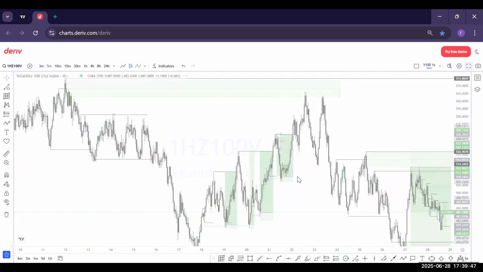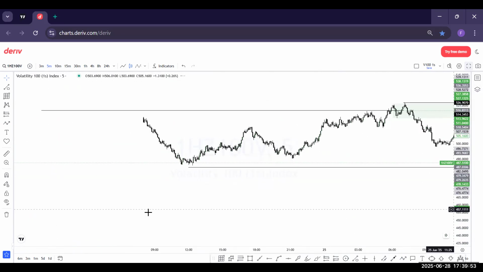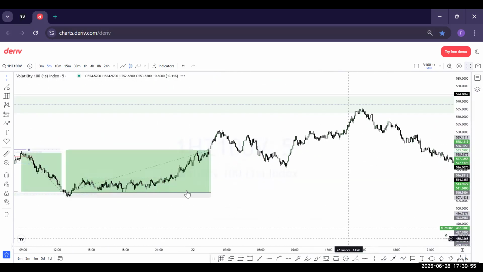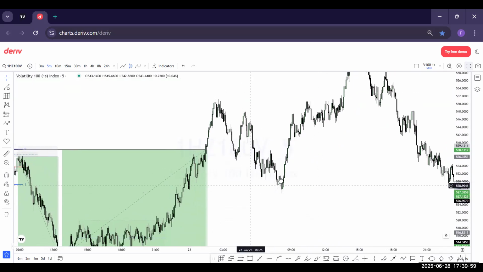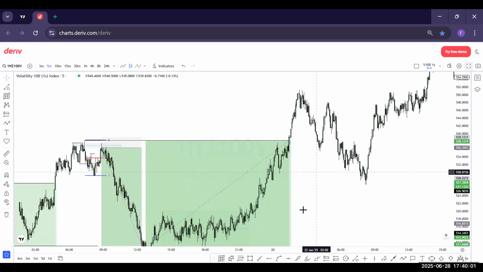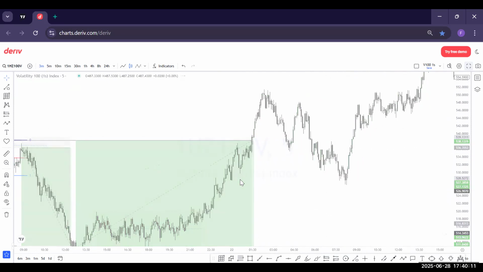Let's go to 5 minutes to see how we cash up with the trade. See, price took out our ERL. So now, when price broke structure, you take note to see if price is going to give you further confirmation. At this point we don't have, let me go to 3 minutes.